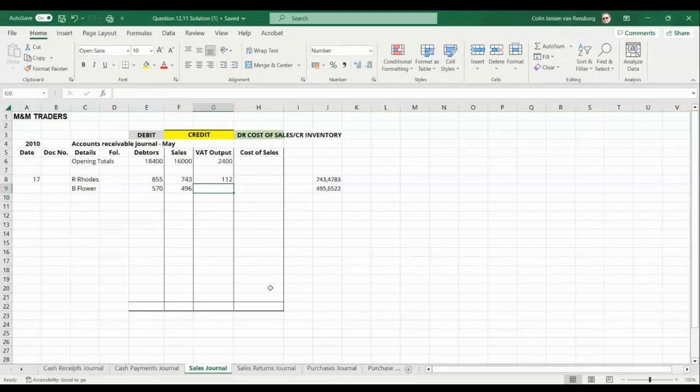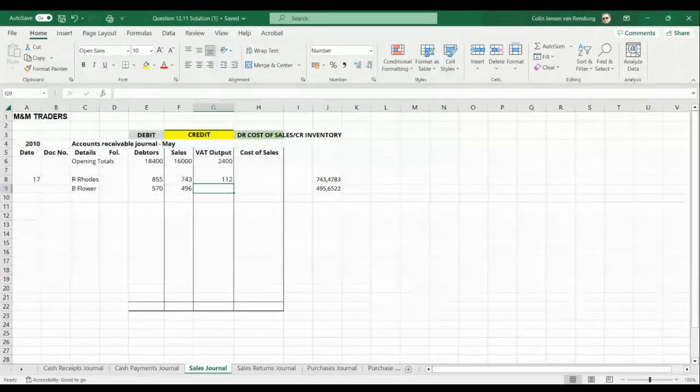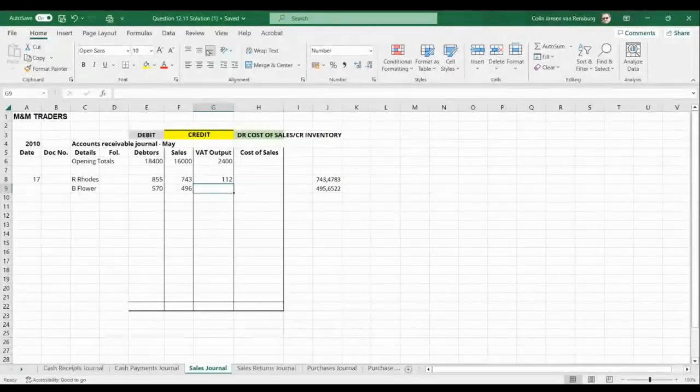If you do not agree with the amounts, ladies and gentlemen, you must either shout or let me know in the chat if I've got the wrong figure. Maybe I should just check again. Do you also get 496, or 495,65, so it's more than 50 cents? You also get that? Thank you, Connie.